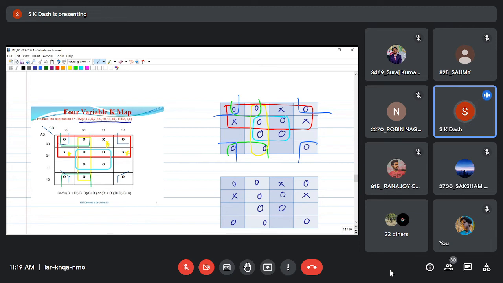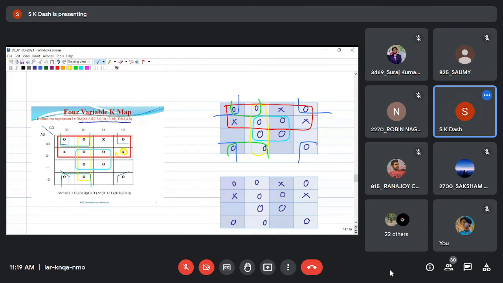Why? Now the same question, if we repeat it and change it, suppose here instead of a cross there was a 0, then this octet is 100% essential, because this 0 cannot be covered using any other possible combination. Okay, but a combination cannot be essential because of a cross. Remember, a combination cannot be essential because of a cross.